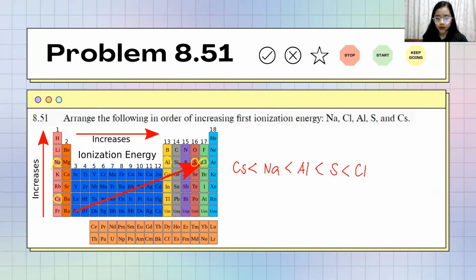Therefore, we can conclude that cesium has the lowest first ionization energy among the 5 elements, and chlorine is the highest.